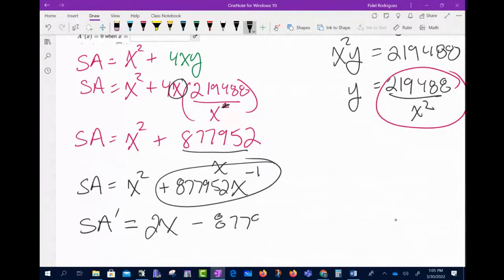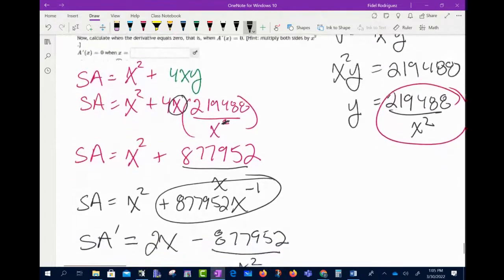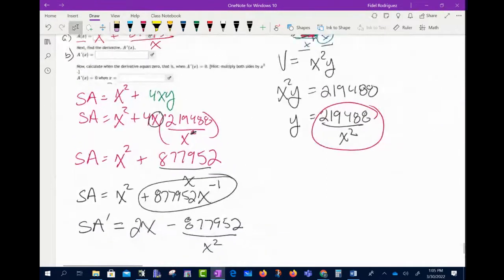Negative 877,952. What would be the power? X to the negative 2. Guys, can I write it on the bottom with just an x squared? I know it would be x to the negative 2, but I'm going to write it like this. You can write it either way you want, okay? Not a big deal. So that's what I'm going to enter in right over here. I'm going to put a 2x minus 877,952 all over x squared.